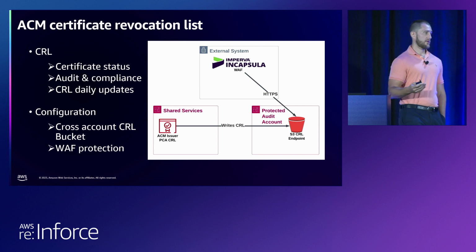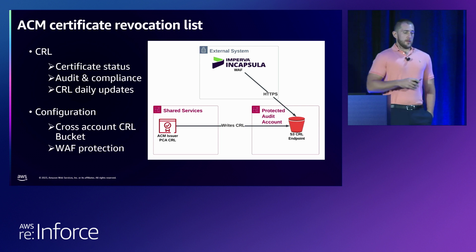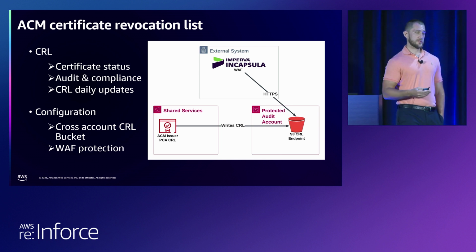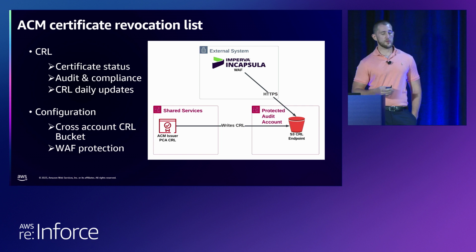Also, depending on how often you pull that CRL down, it does allow for the offline verification of your certificate. The way that we configured this was in our shared services account, in our issuing PCA. We enabled the CRL to do daily uploads of the CRL file to our protected audit account.